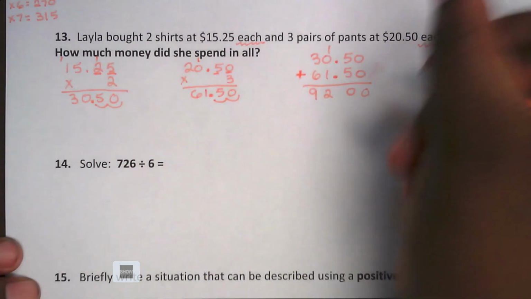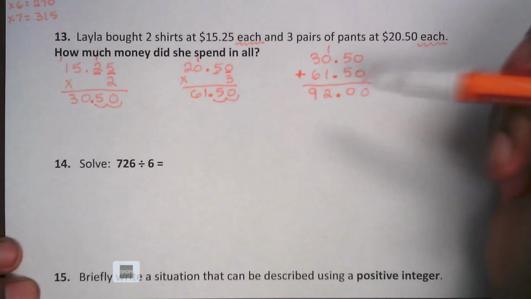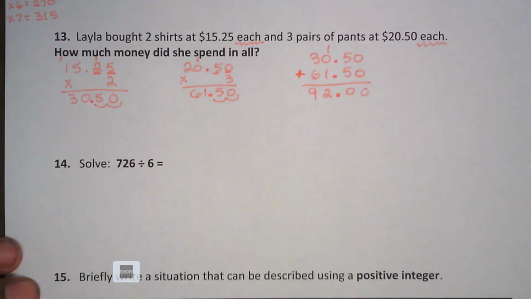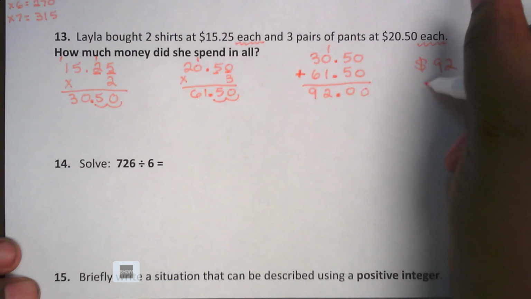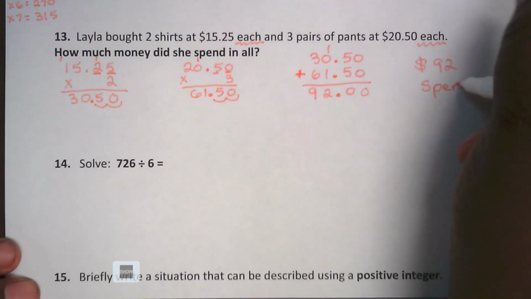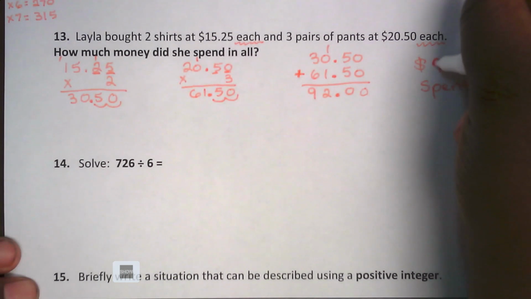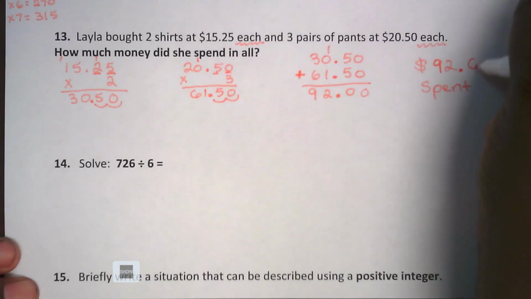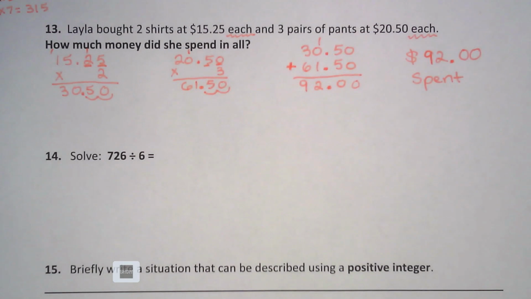All right, I added those, and make sure in my sum that I pop that decimal point right down to line up with the rest of them. So the money that Layla spent in all is $92. Okay, so you can write it as just 92 with the dollar symbol or with your 2 decimal places for the cents.